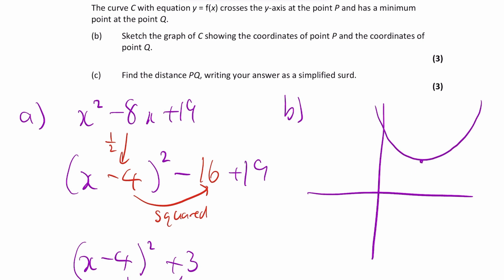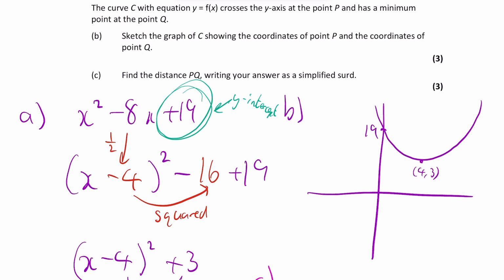So that is at the coordinate 4, 3. And it crosses the y-axis. Well, we can get that from here. This always gives us our y-intercept, which means it crosses at 19.